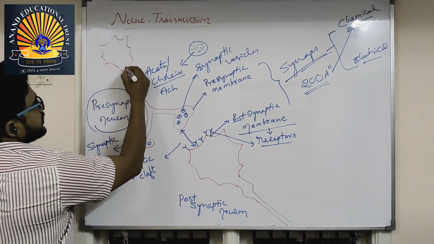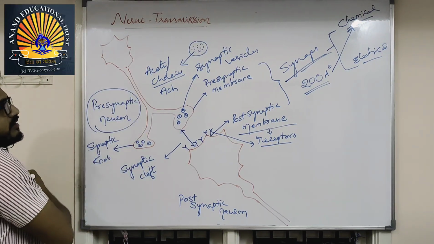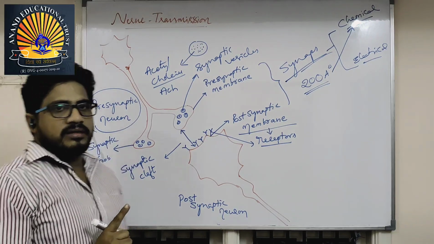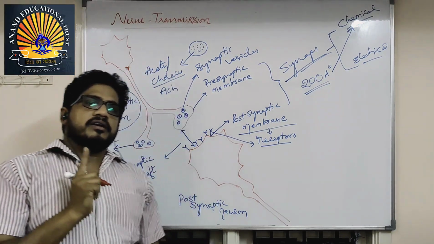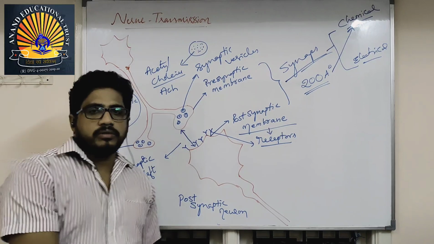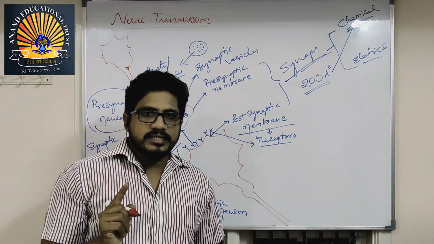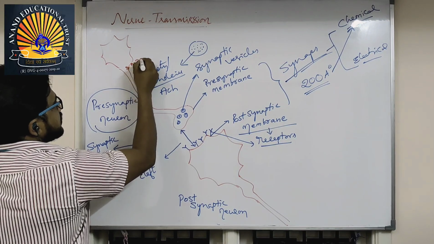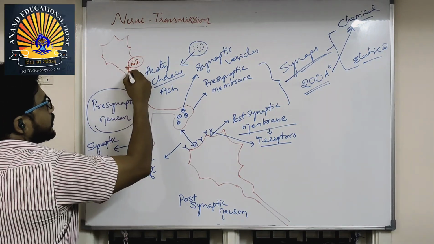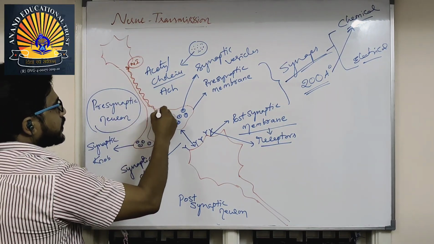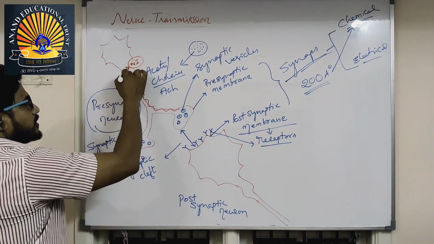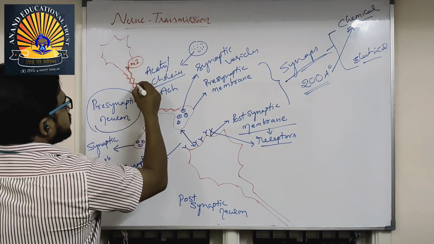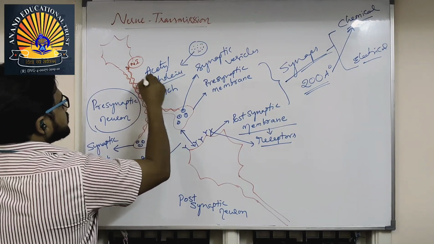This is the place where the nerve impulse is generated, called the axon hillock. The axon hillock is the part of the cytoplasm where it continues as the axon. So here the nerve impulse begins, and from here to the end is nerve conduction.